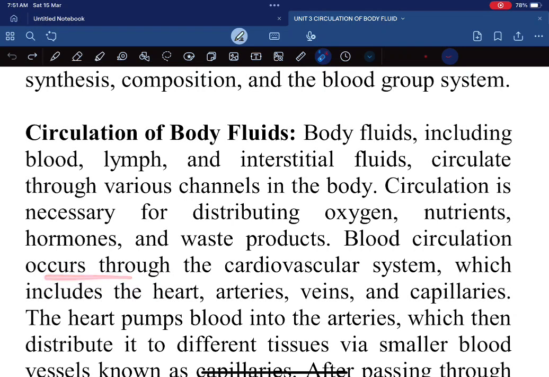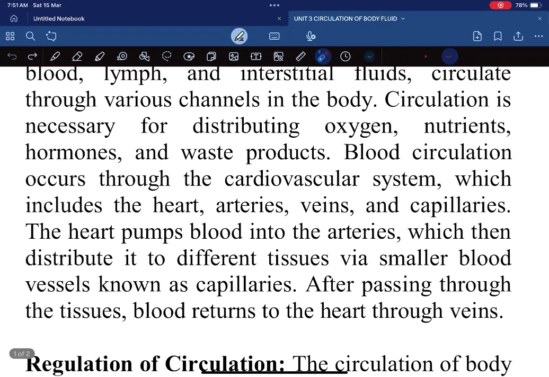Blood circulation occurs through the cardiovascular system, which includes the heart, arteries, veins, and capillaries. The heart pumps blood into the arteries, which then distribute it to different tissues via smaller blood vessels known as capillaries. After passing through the tissues, blood returns to the heart through veins.